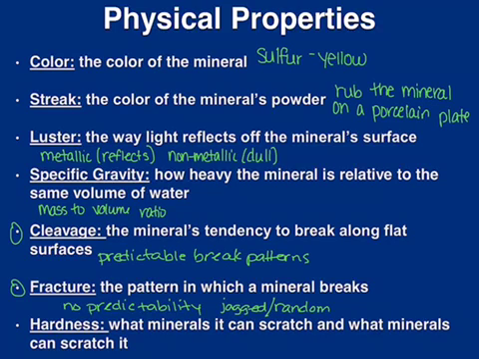And then finally, hardness refers to how hard a mineral is. You can determine hardness by what minerals the mineral in question can scratch and what minerals can scratch it. The hardness is measured on a scale called Mohs hardness scale.